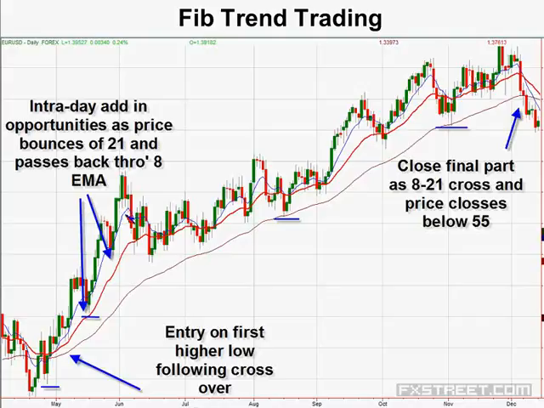So what do I do? I peel off another 100,000, taking profit along the way. My original 100,000, that stop is going to come up to break even at a technical level, and it's going to stay there.